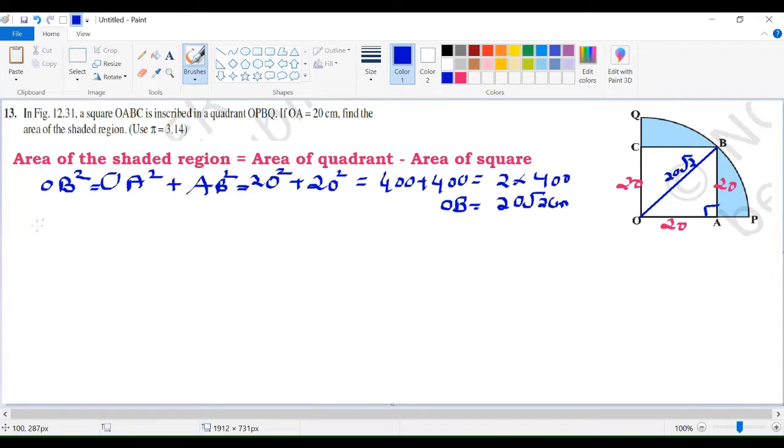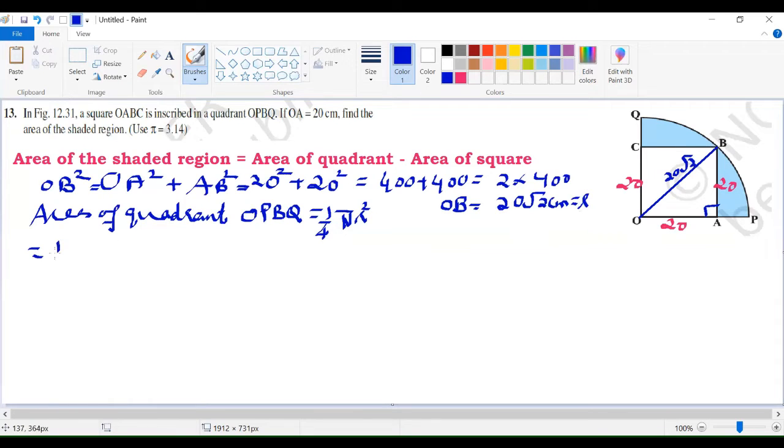So area of quadrant. Which is quadrant? Quadrant OPBQ is 1 by 4 pi r square. So r equal to, this is r, no? So equal to 1 by 4. And pi it is asked to use 3.14 given.